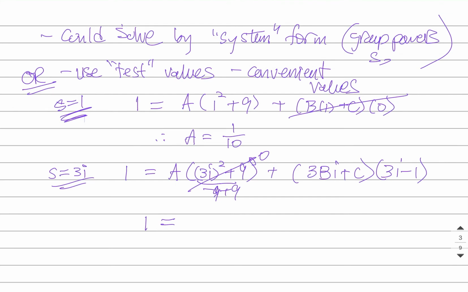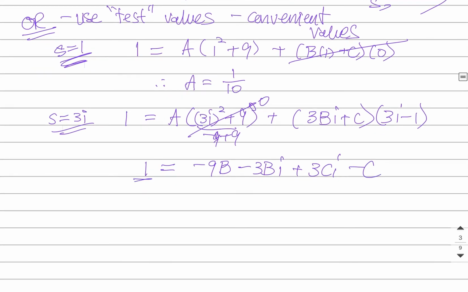Now over here, I'm going to have 3bi times 3i. So when I multiply those two together, I'll get negative 9b minus 3bi plus 3ci minus c. Now remember, over here on this side, I have a 1 plus 0 bunches of i, and I'll have negative 9b minus c plus 3 times (c minus b) i.